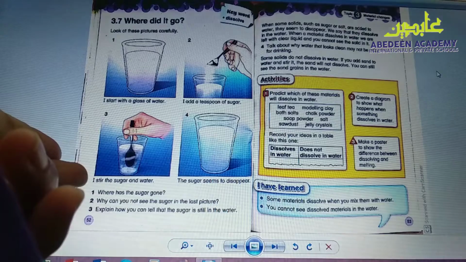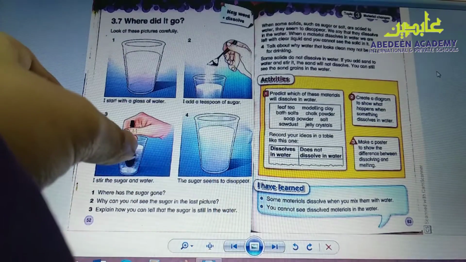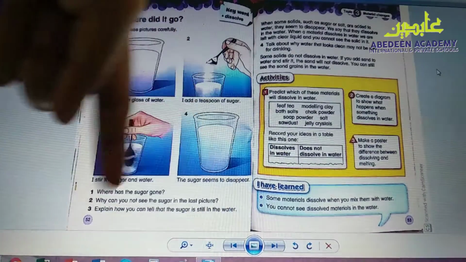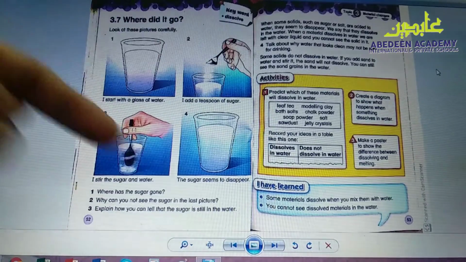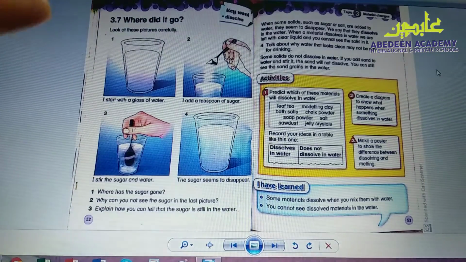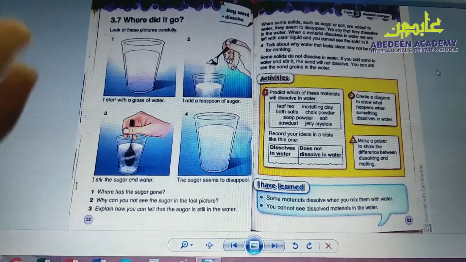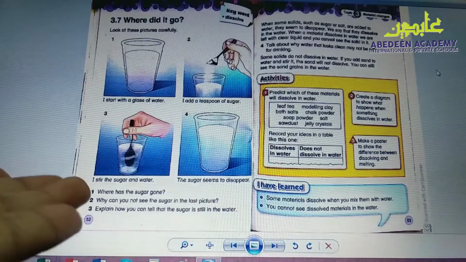Number 3, you stir the sugar and the water. And number 4, can you see the sugar in the water now? Cannot. It is gone. So where did it go? The question is, where did the sugar go? Alright, that is question number 1.